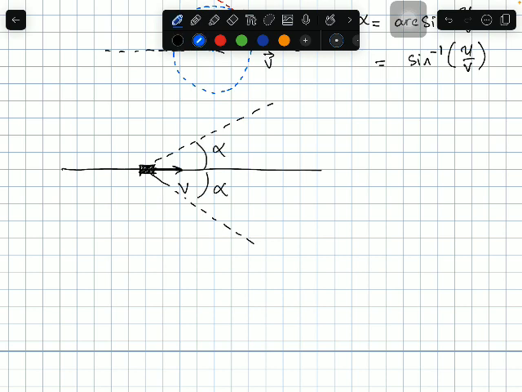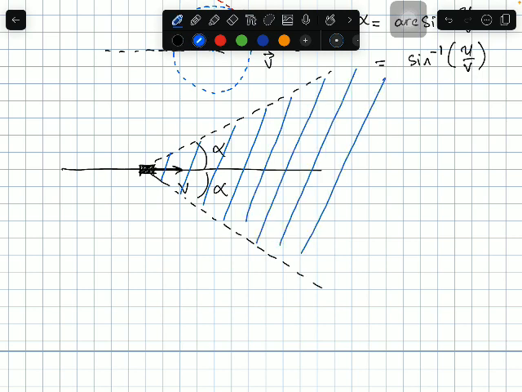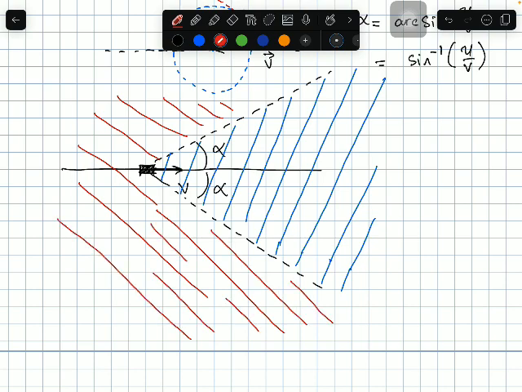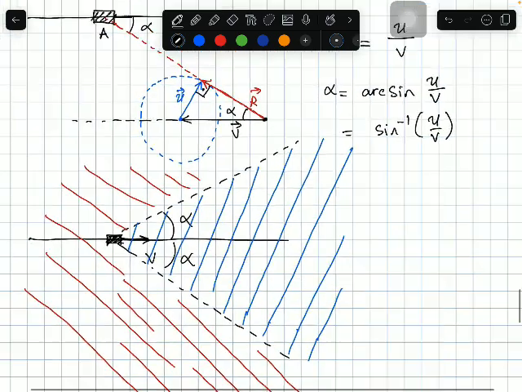If you are anywhere in this region, then you will be able to catch the bus. Okay? If you are outside of this region, any other region outside of it, you will not be able to catch the bus. This is actually the solution.